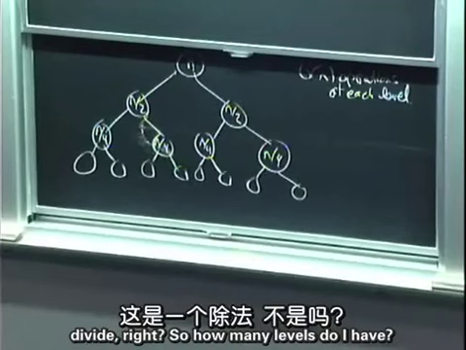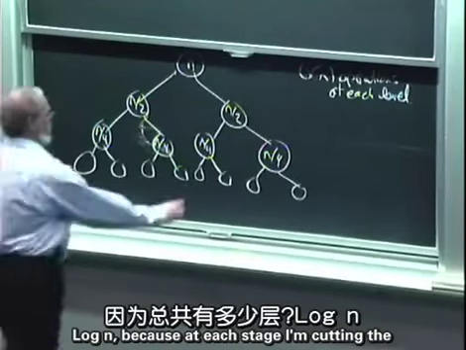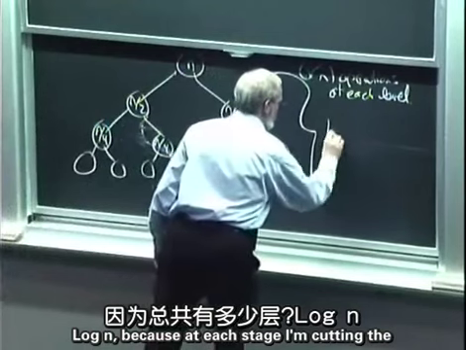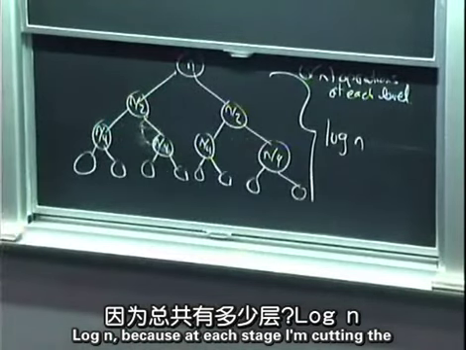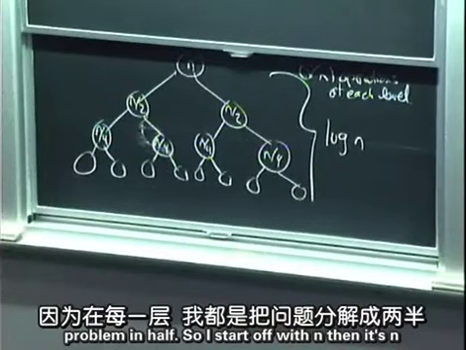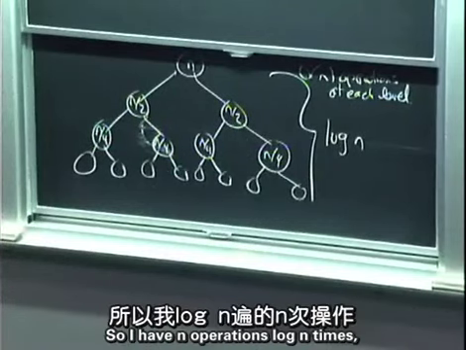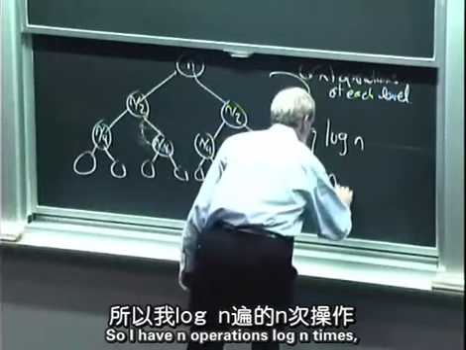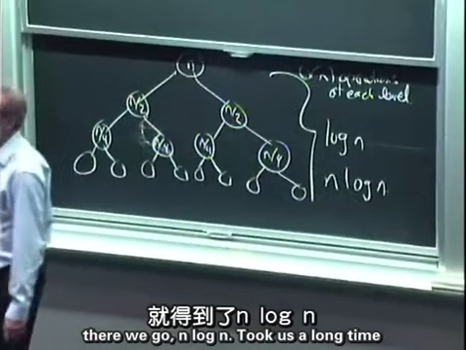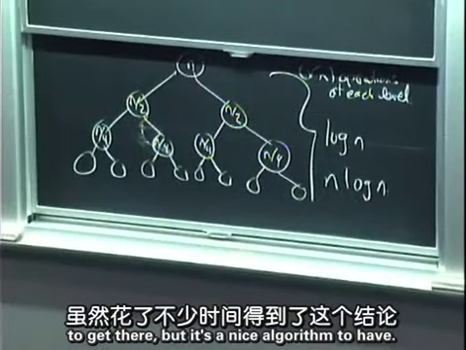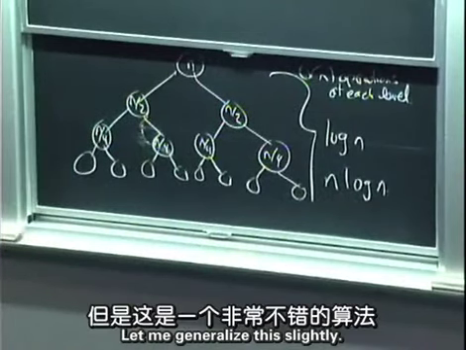So how many levels do I have? Log n, because at each stage, I'm cutting the problem in half. So I start off with n, then it's n over 2, n over 4, n over 8. So I have n operations log n times, there we go, n log n. Took us a long time to get there, but it's a nice algorithm to have.